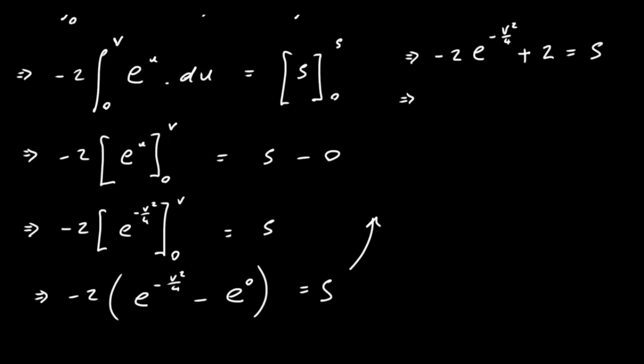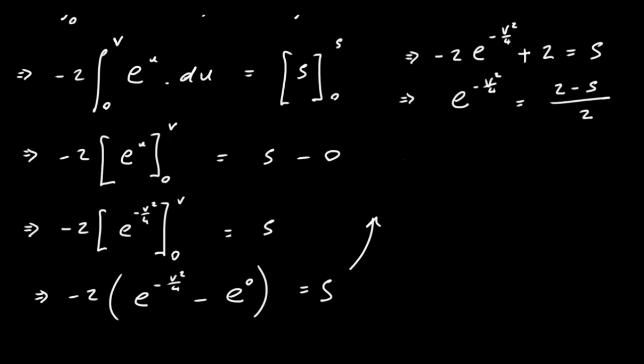So I'm going to bring this 2 over, and divide by minus 2. It'll leave me with e to the power of minus v squared over 4 on this side. On this side, I'll start off with s minus 2 over minus 2. I'm just going to change the signs top and bottom, so what I'll end up with here is 2 minus s over 2.